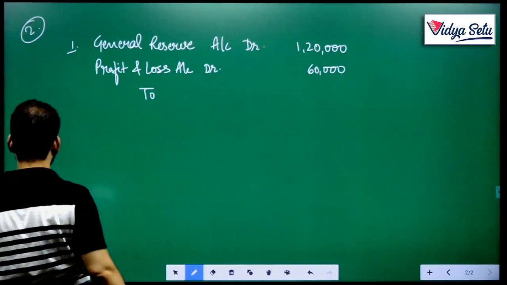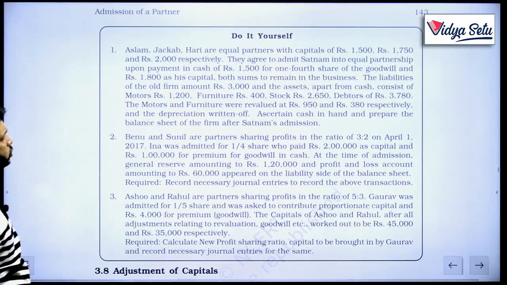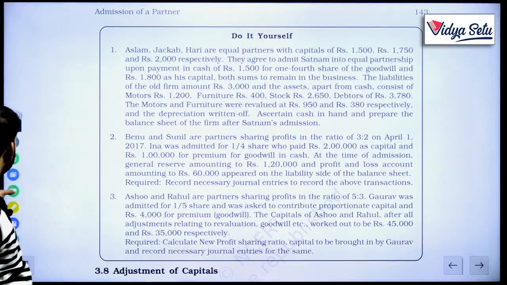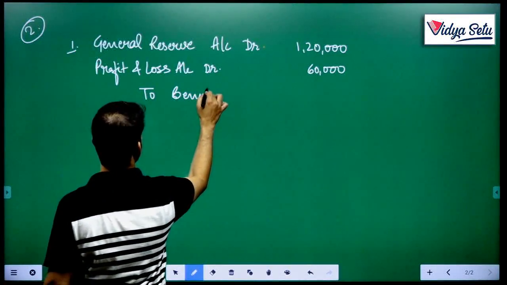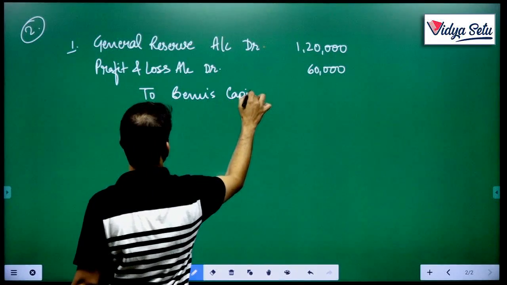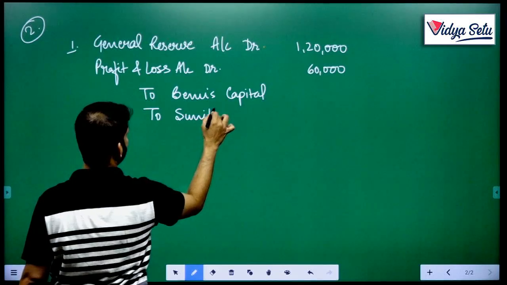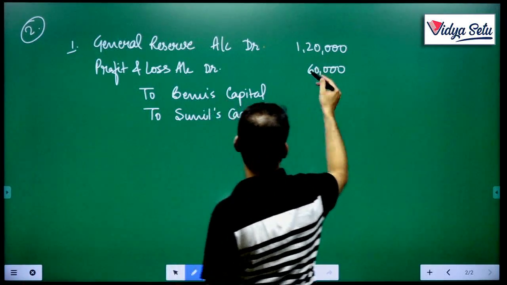To the old partners in the old ratio. The old partners were Benu and Sunil, and the old ratio was 3:2. Okay, 1,80,000.